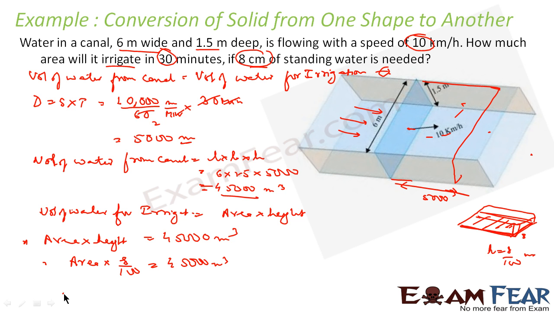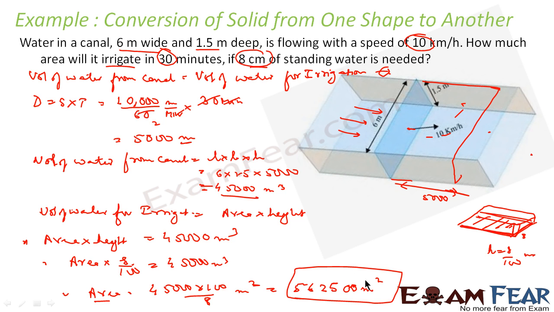If we find the area, it comes out to be 45,000 into 100 by 8 meter square. Why? Because meter cube by meter becomes meter square. So if you solve this, this comes out to be 562,500 meter square. So this much area of land is irrigated with this water.